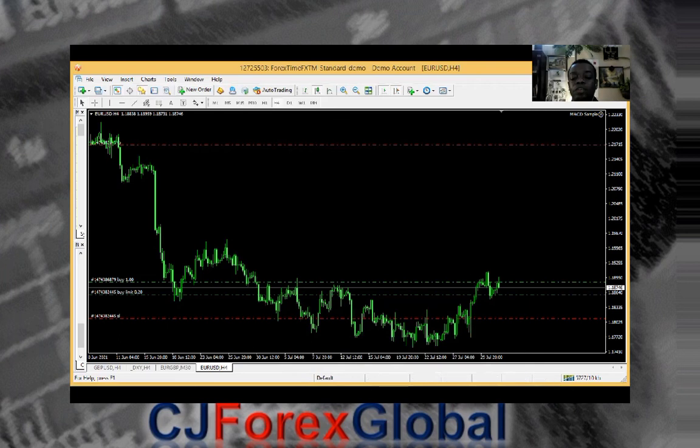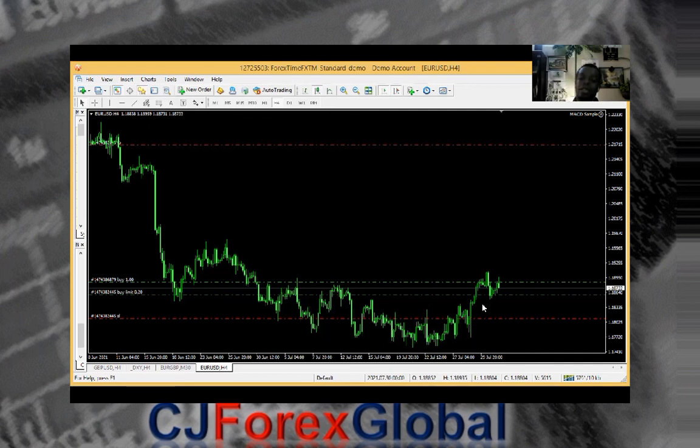So you set your stop entry point here. You set your stop loss above, and once the market triggers, you enter. Because you have set your trade below, you believe that once the market gets to that level, it will trigger you and the market will start falling. And that is what we call sell stop.